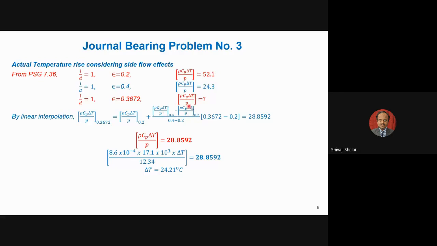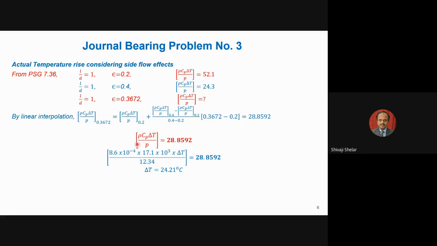So this negation will come as negative. This is positive. This is positive. So this product will be negative. So when you add here, this value minus something will come less than this, but it should be greater than this. So when you do this calculation for this ratio at 0.3672, this ratio is 28.8592. So delta T here is the actual temperature rise of the oil.